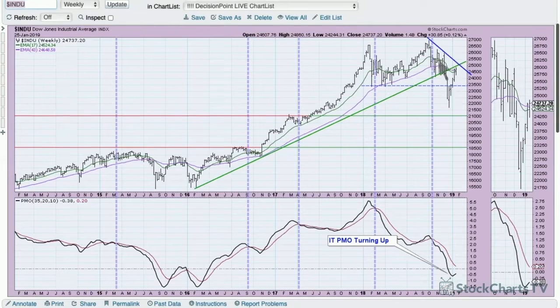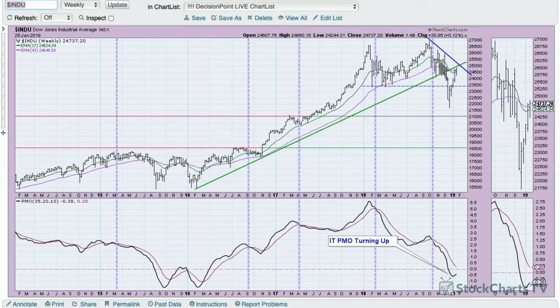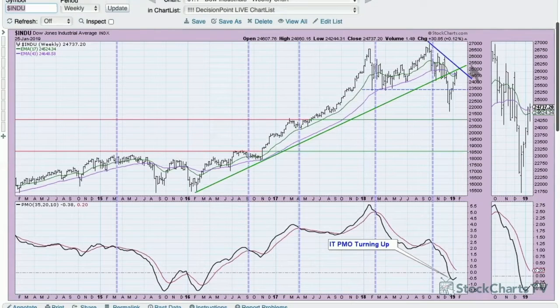As soon as we started falling after October, I know Arthur Hill, and I think you also, were pretty early on with the bear market call. Sure enough, we ended up breaking that rising trend. Would you call that the secular or cyclical bull market? It's a cyclical line. Yeah. And then we got the breakdown.